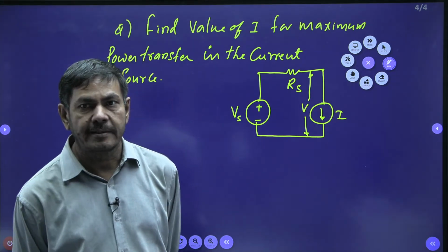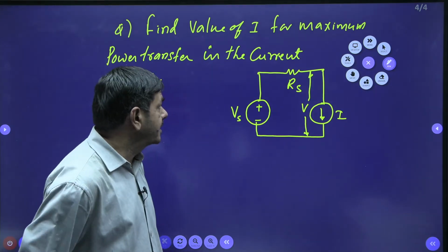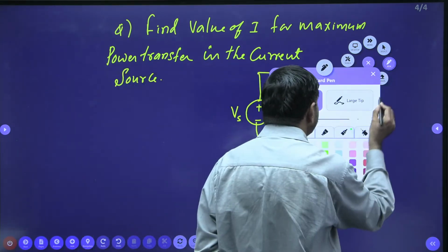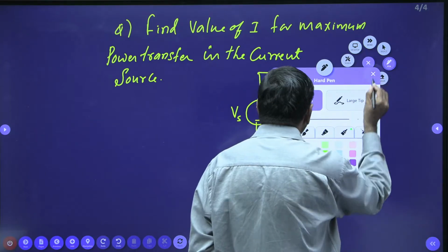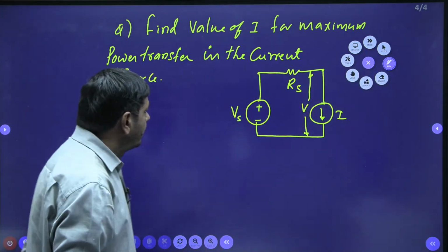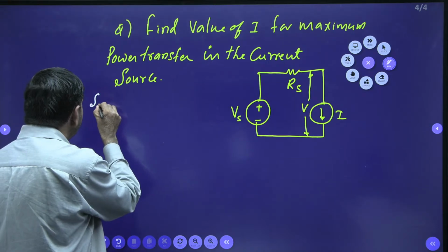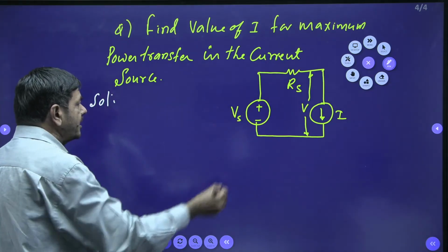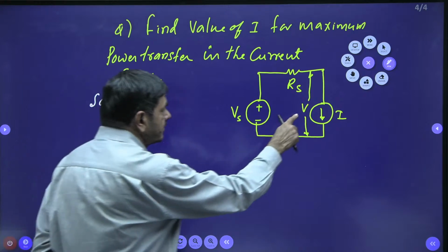What way can we find current I? Yes, I will do it. Please watch. The power transferred to the current source is equal to voltage into current. Power equals voltage into current.